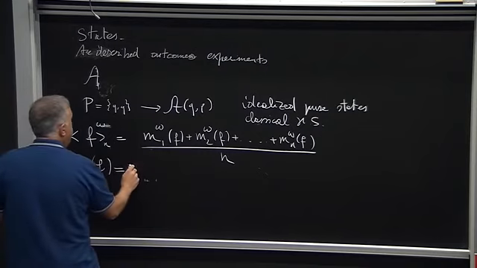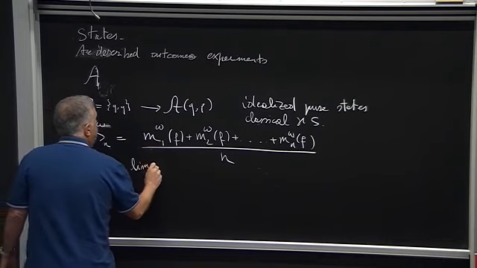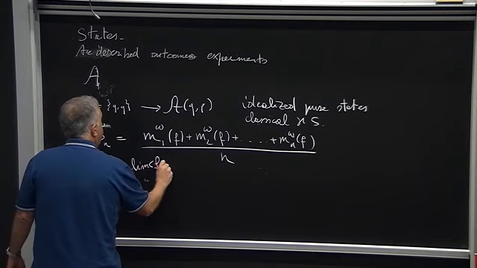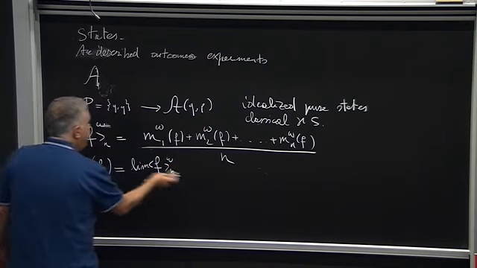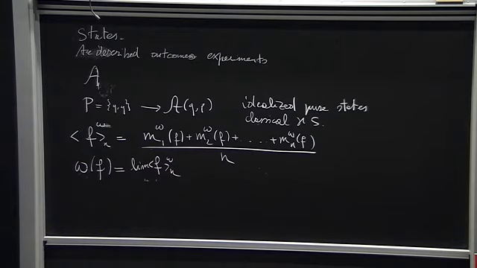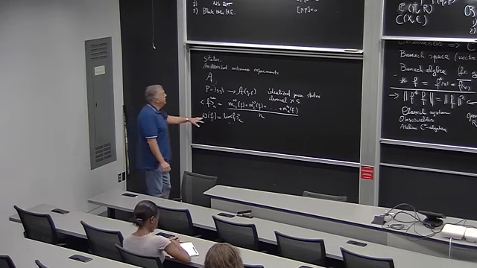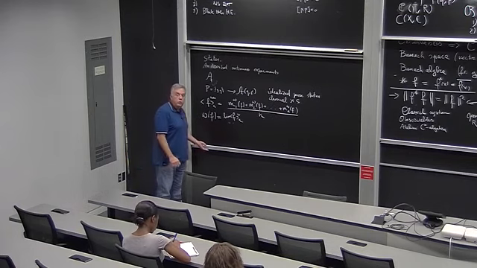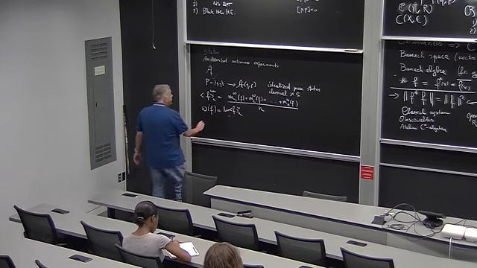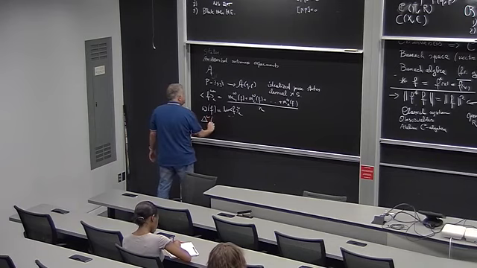This state omega is defined as the limit when you make infinitely many measurements. Of course, a state will not be pure, but it will have a certain coarseness, which is measured by its variance.